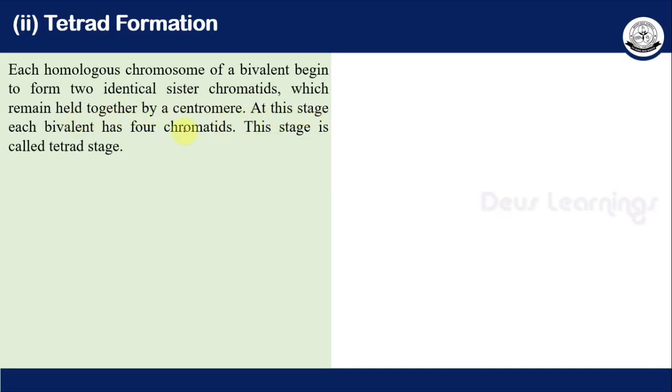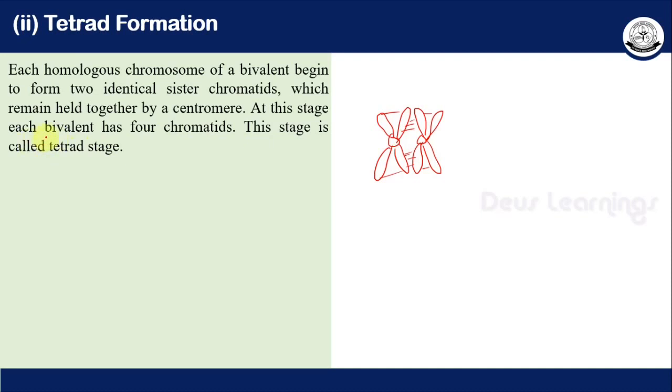At this stage each bivalent has 4 chromatids and this stage is called tetrad. So there are two sister chromatids, and they start sticking together here and on that side.